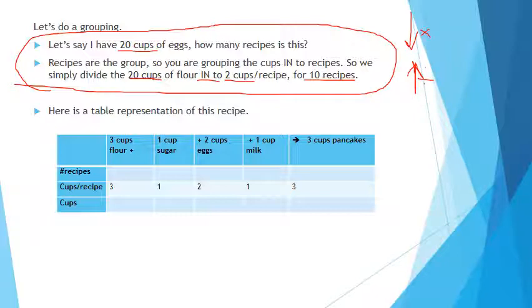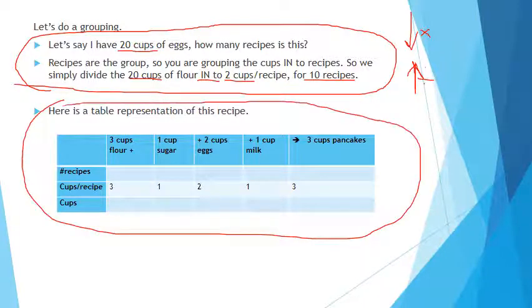All right, now what we're going to do is show that up and down, out of, using a table. So what we're going to do is rewrite that equation, and you put it in what I call a recipe table. Here are my substances, and I have recipes, cups per recipe, and cups.